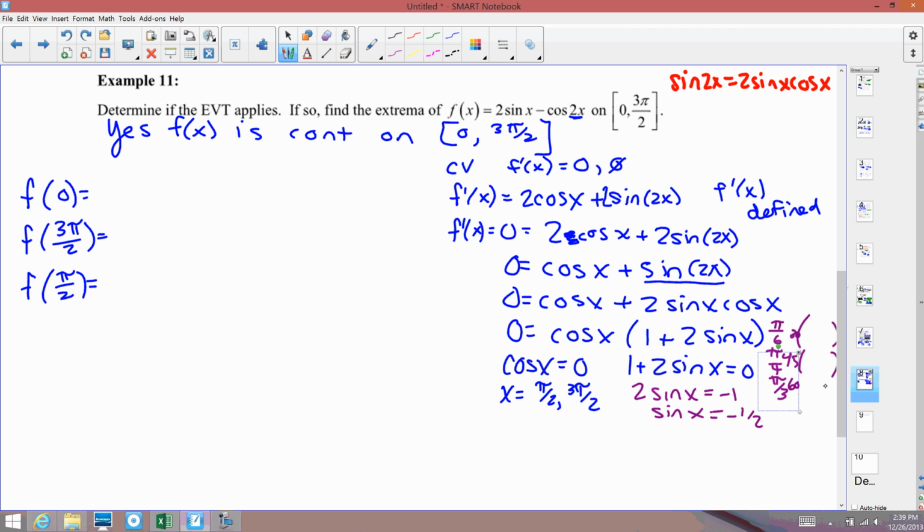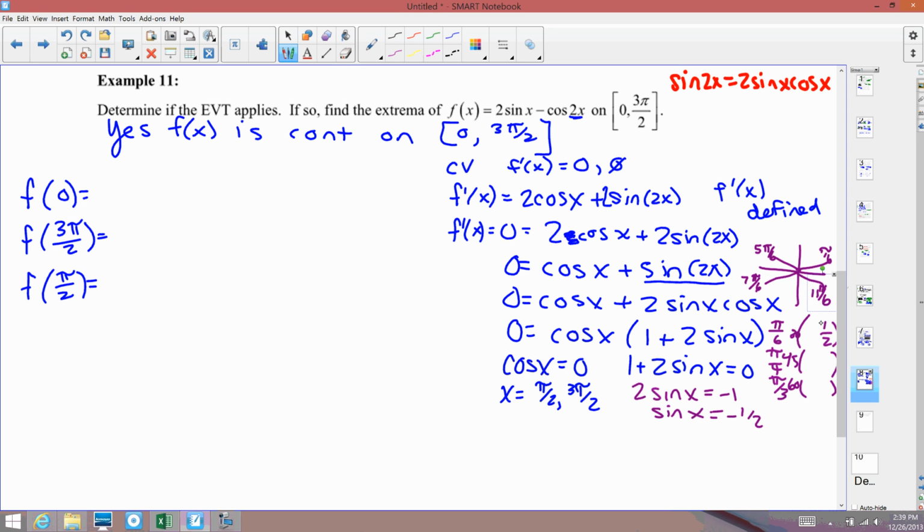Where is sine equal to 1/2? Sine equals 1/2 at 1/6 pi, 5/6 pi, 7/6 pi, or 11/6 pi.